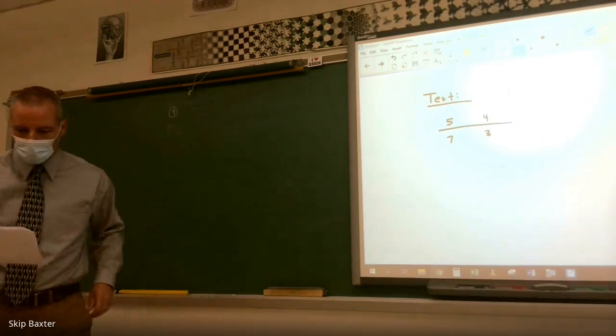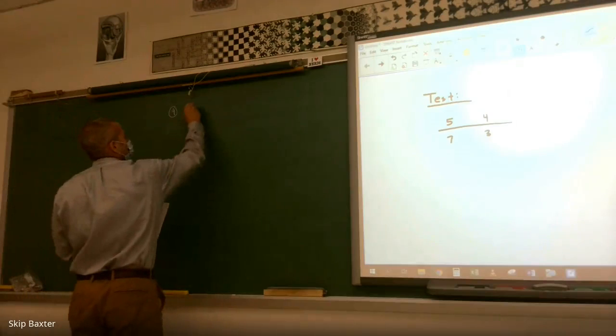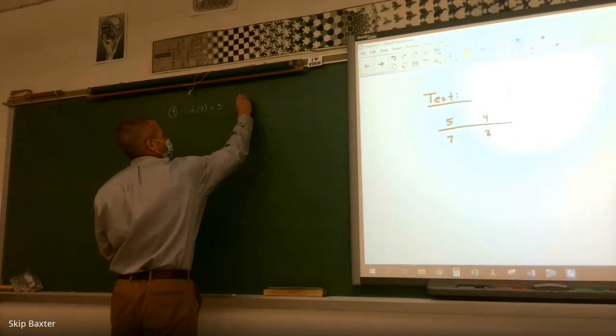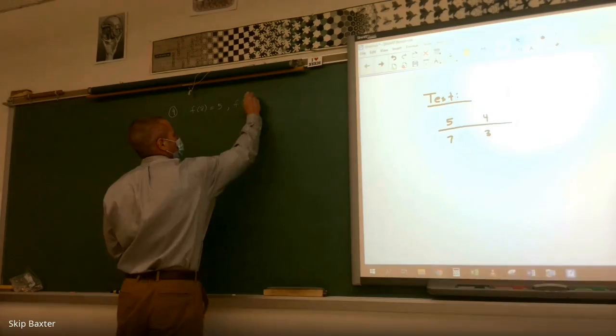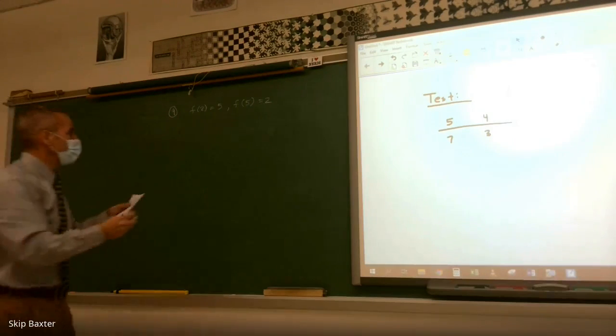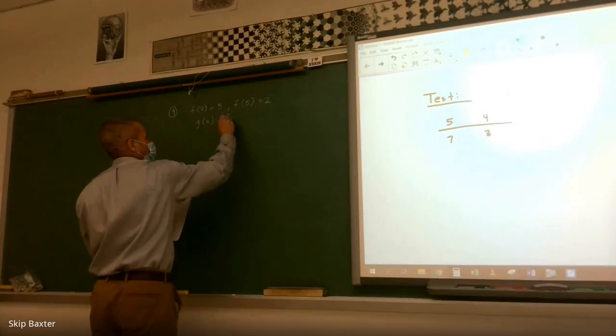Okay, so the first question says, let f be a twice differentiable function such that f of 2 equals 5 and f of 5 equals 2. It says let g be the function such that g of x equals f of f of x.